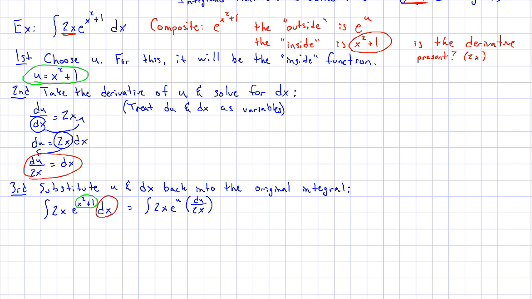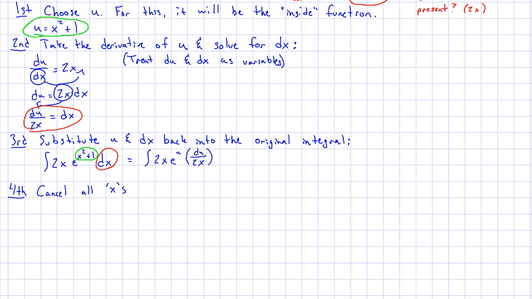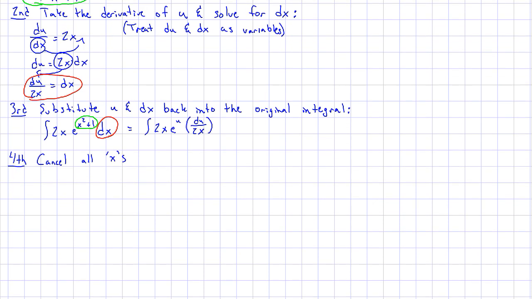So my fourth step is to cancel all x's. I have a 2x in my integrand at the left, and then I have a 2x in the denominator.